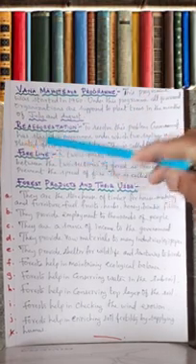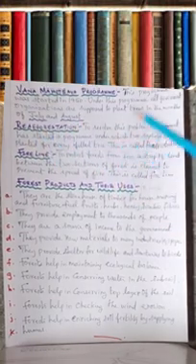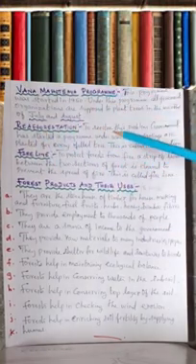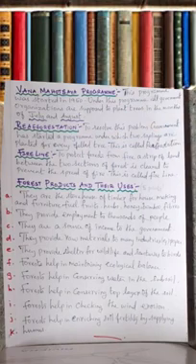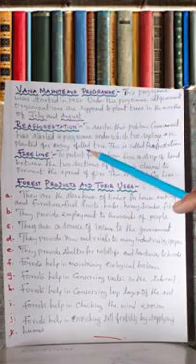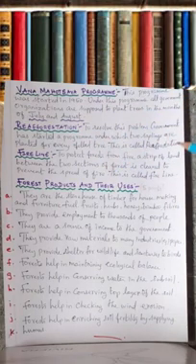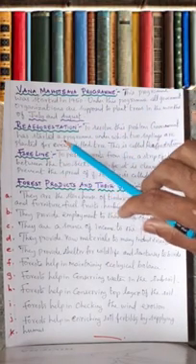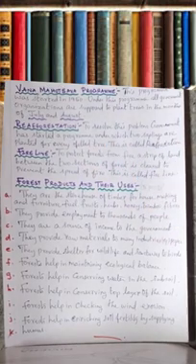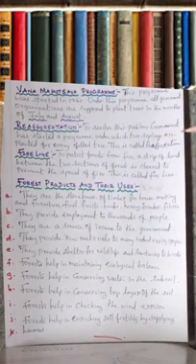Next is side heading, reforestation. To resolve this problem, government has started a program under which 2 saplings are planted for every felled tree. This is called reforestation. This will be a 2-mark question.